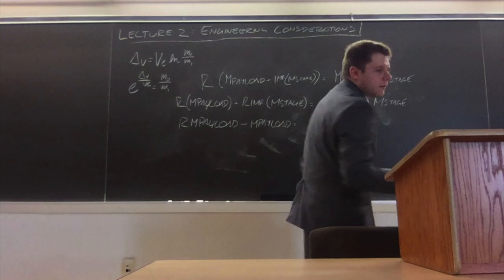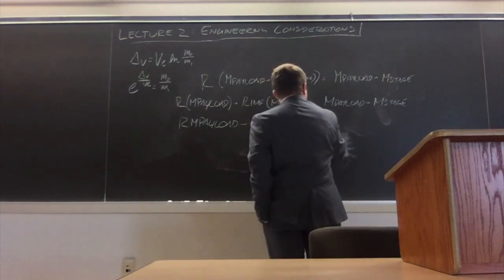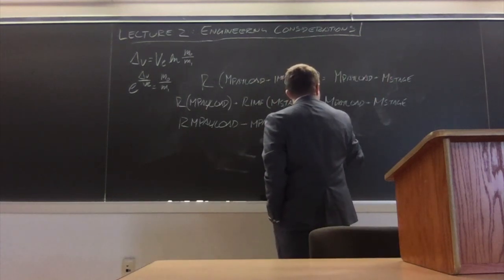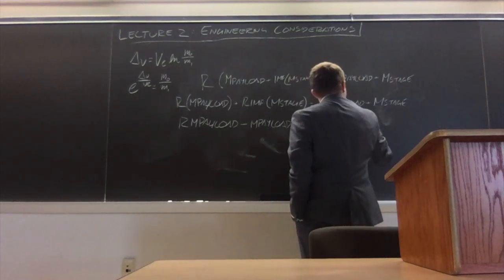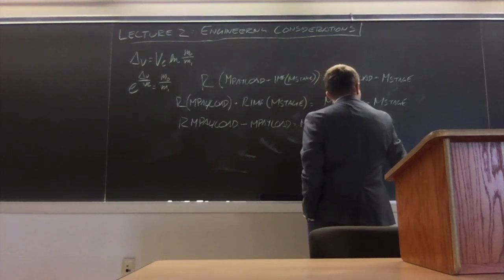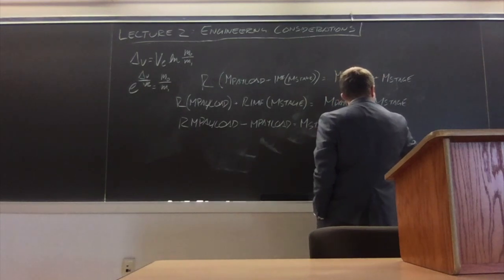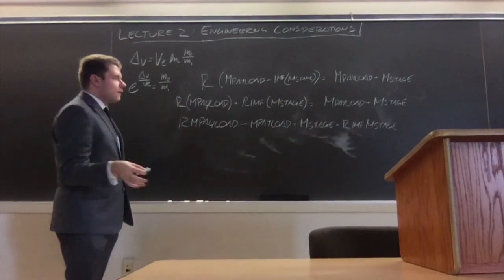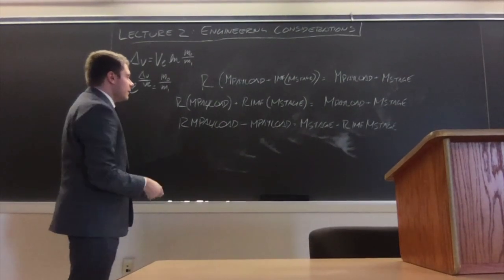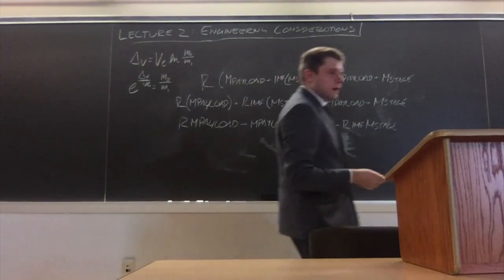R M payload minus M payload is equal to M stage minus R IMF M stage. That looks really ugly, but this is only like 4 terms that we're playing with. I'm just being very verbose and identifying them so that way we all don't go insane trying to figure that out.